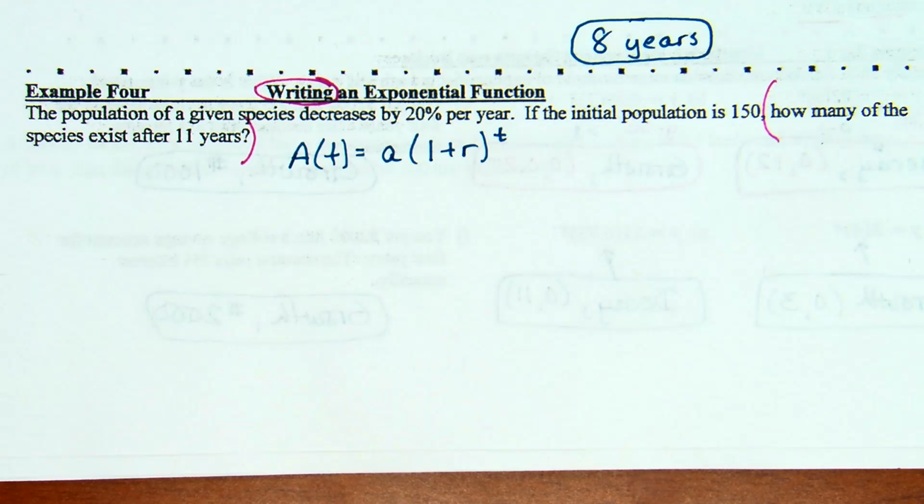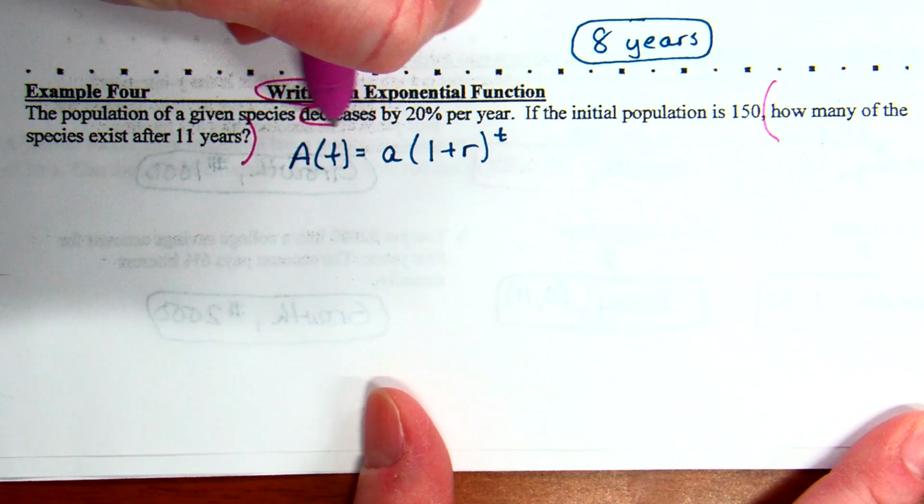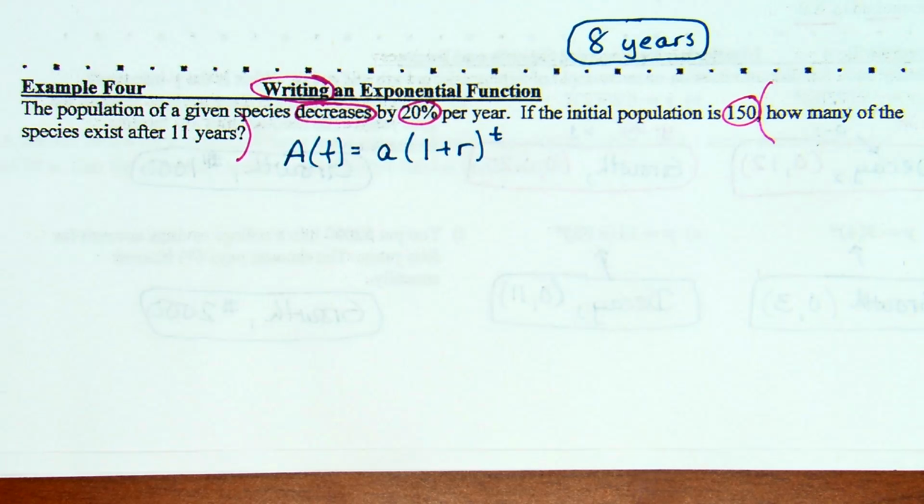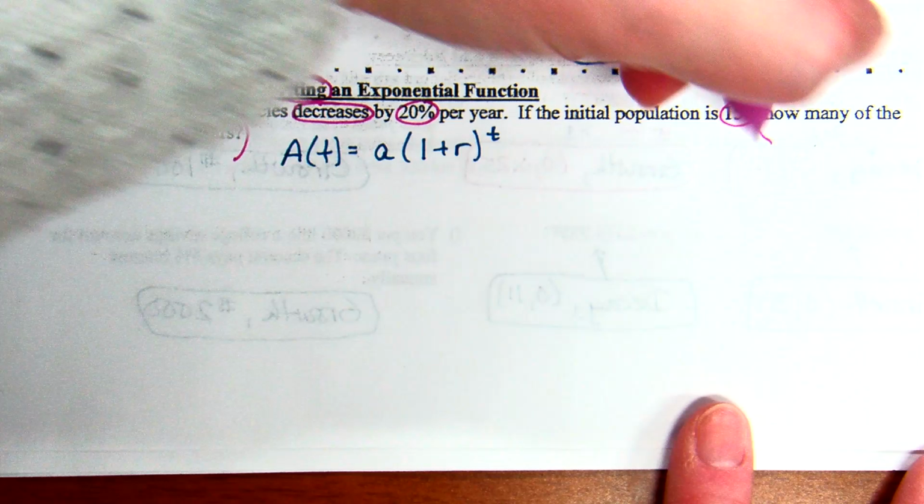What pieces do we know? What do we know, Carter? It's decreasing by 20%, and it starts at 150. So this is exponential. Decreases by 20%. And initial population is 150. If the initial population is 150, what does that tell me? That's your little a.